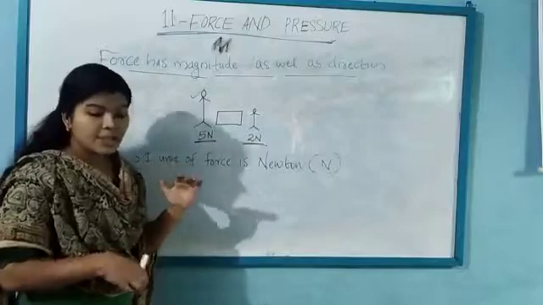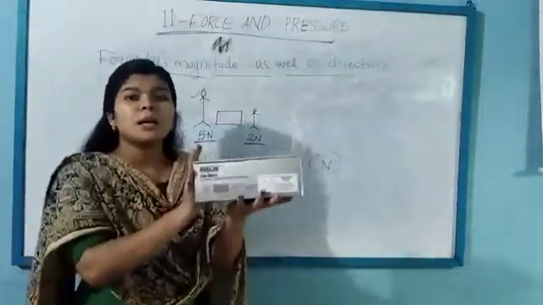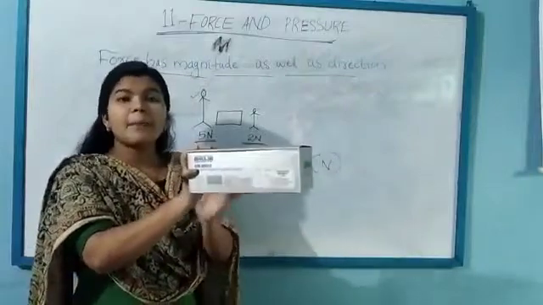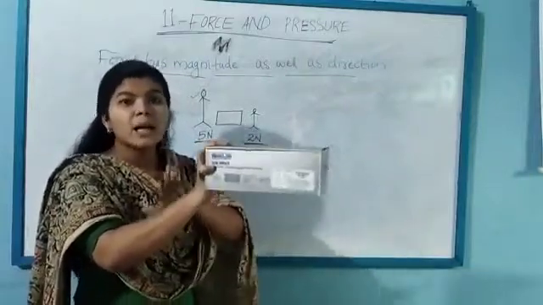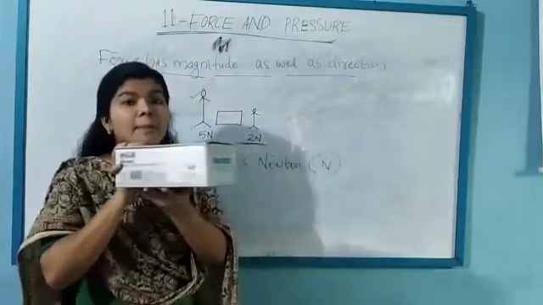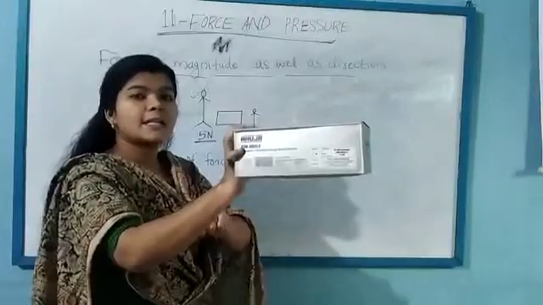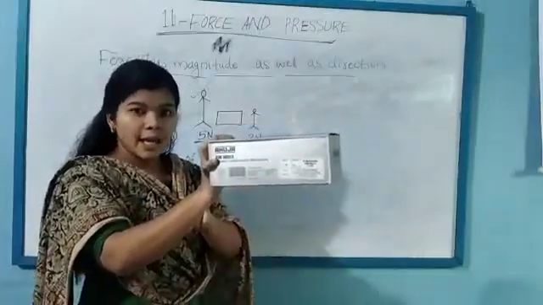Then what about the direction? Suppose I am trying to push this body and I am applying a 5 Newton force. Here the 5 Newton is the magnitude and I am applying the force in this direction. That is, the force has a direction and it has a magnitude.